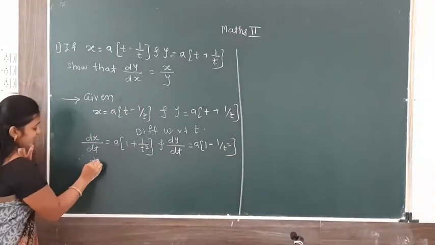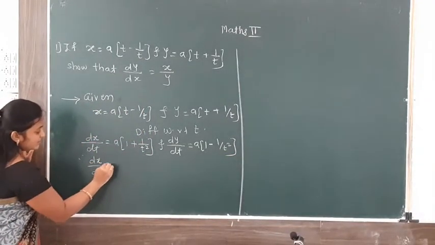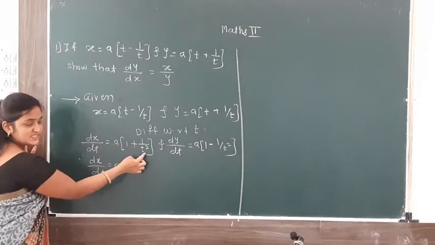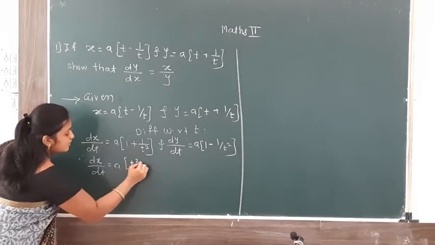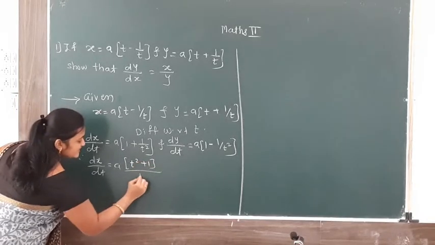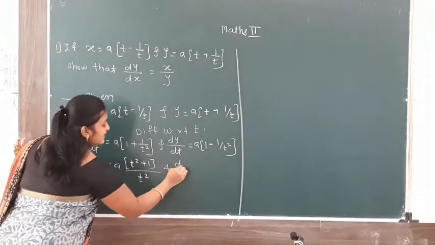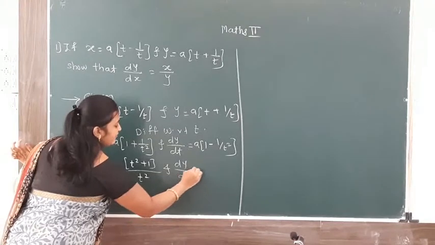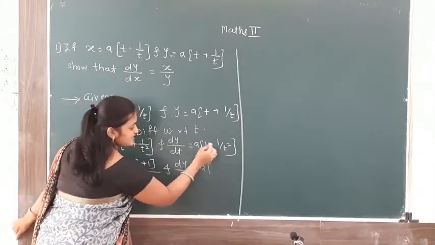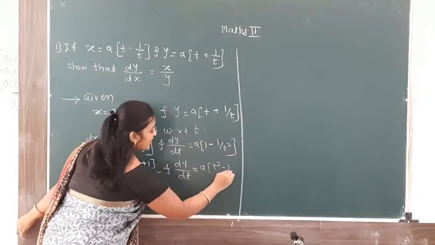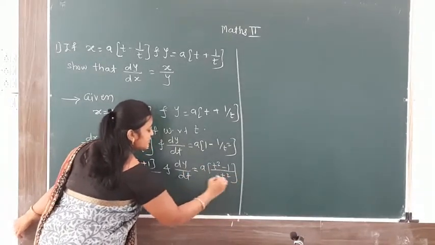So we get dx/dt, the denominator is not the same, so multiply by t²: a(t² + 1)/t². And dy/dt, the same, we can simplify: the denominator is not the same, so multiply by t²: a(t² - 1)/t².